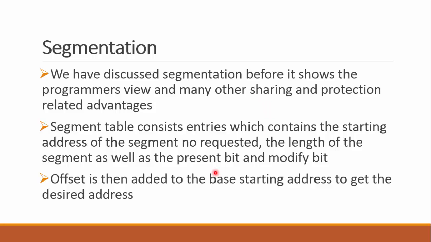As well as that, there is a present bit to denote whether it is in the main memory, and a modify bit to denote whether it has been changed since it was first loaded. The offset can be added to the base starting address which we obtained from the segment table to get our desired address.